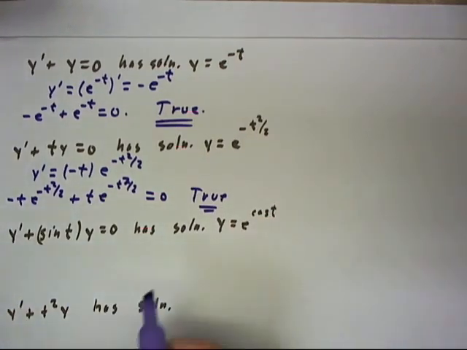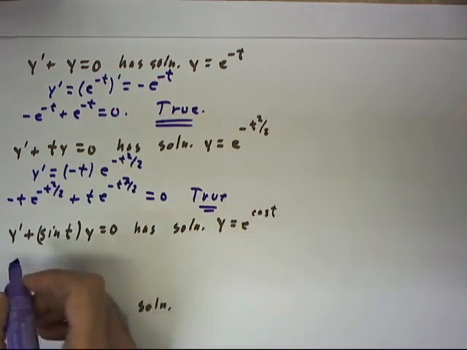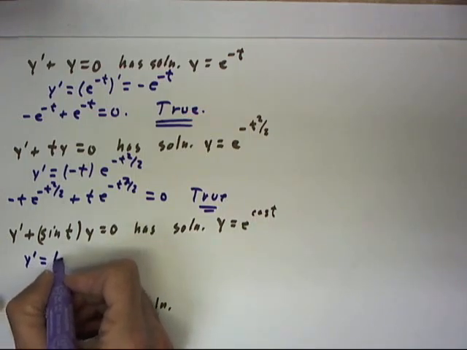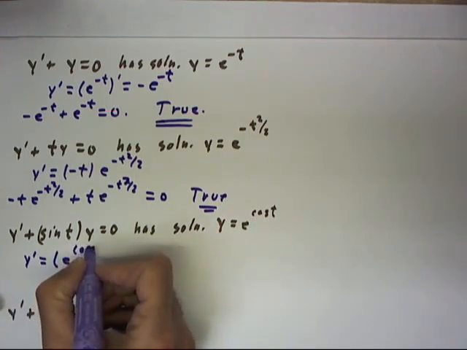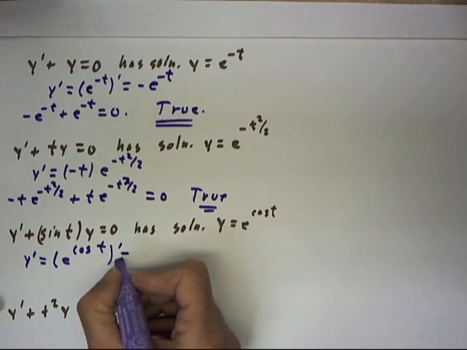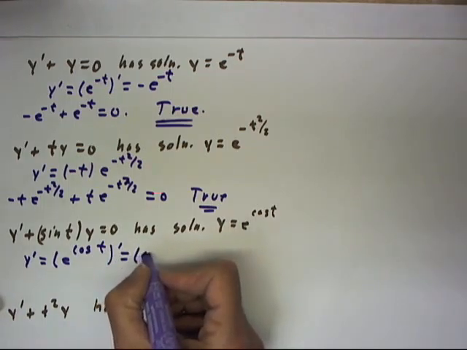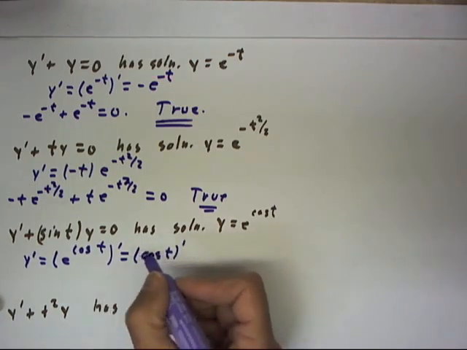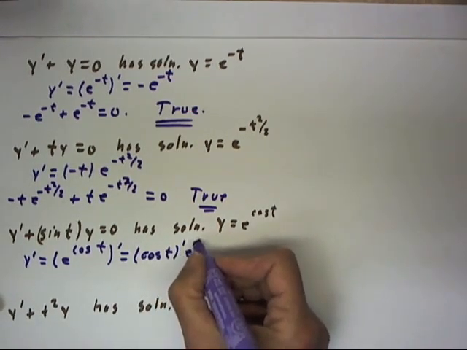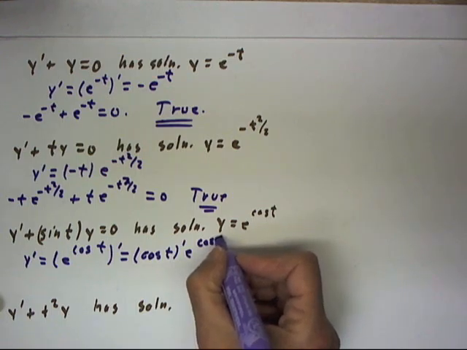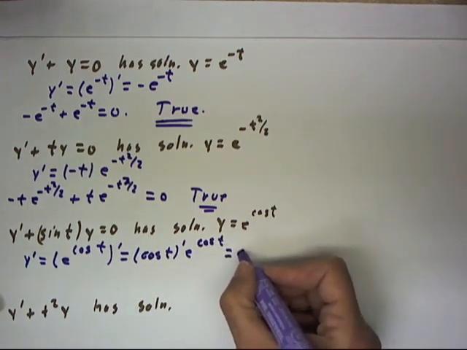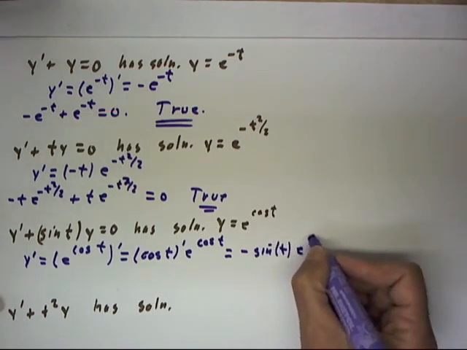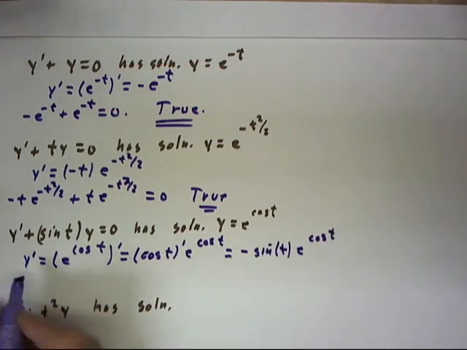Let's try this one. y equals e to the cosine t, so that y prime equals e to the cosine t, prime, which is cosine of t prime times e to the cosine of t, which is negative sine of t e to the cosine of t.